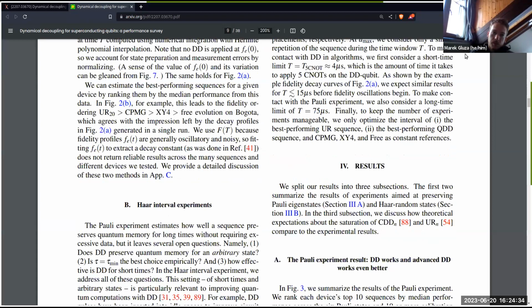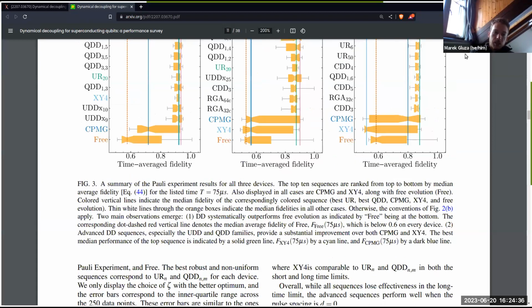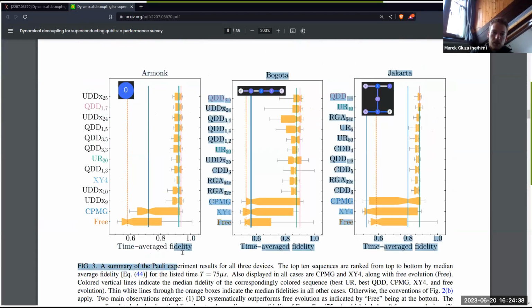It's a long paper, but you see time average fidelity here and so on, and there will be certain pulses which are improving things. Without doing anything, you will have 0.6 average fidelity. If you use all those UDD methods, you're improving the fidelity by what? 30%, 0.6, 0.9. We don't reach unit fidelity. It's not a perfect system, but it works.